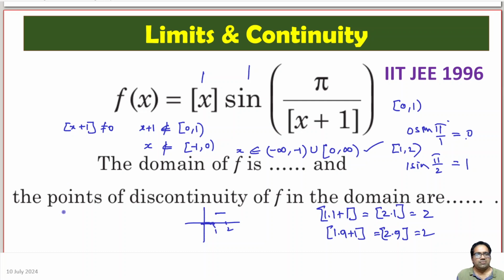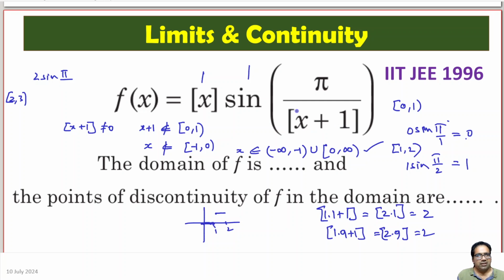What happens between 2 and 3? This part is obviously 2, 2 sine pi by, again, this part. We are talking about between 2 and 3. This number is always greater than or equal to 3, but lesser than 4, since 2 plus 1 is 3.